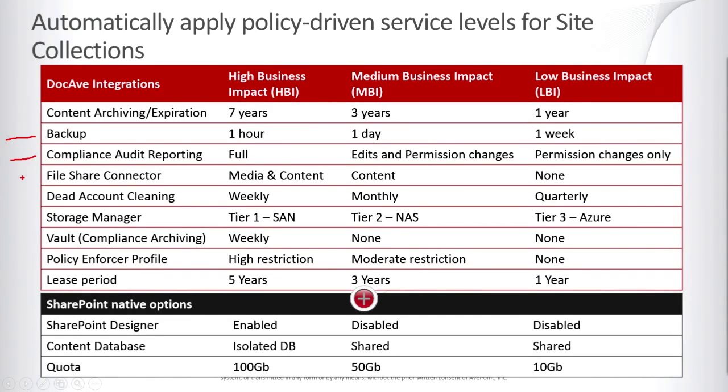Is that going to be turned on? And how much of it? And you can see we can have different ratings for different types of sites. We were looking at this before, right? So, for example, a department site might have a high business impact, and a My Site might have a low business impact. And what we can do is make policies for each of them that reflect the SLA that they require.